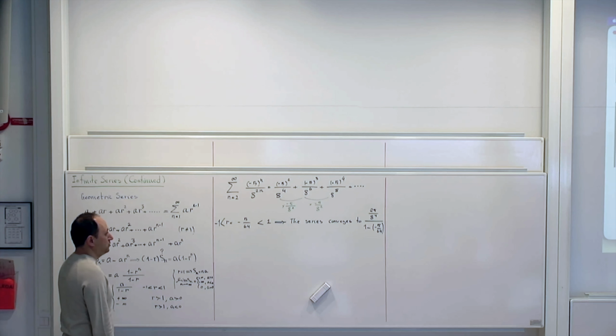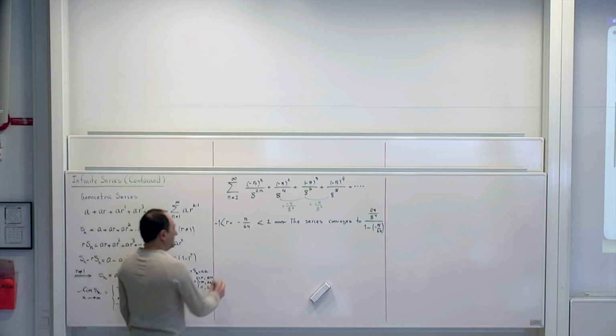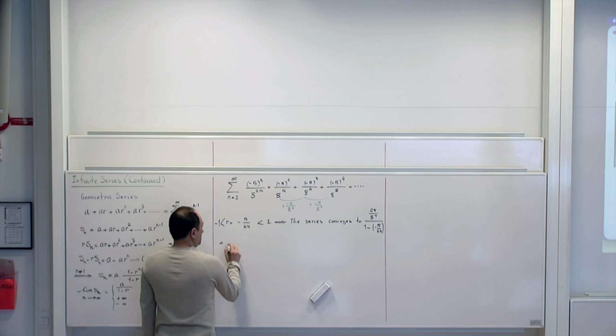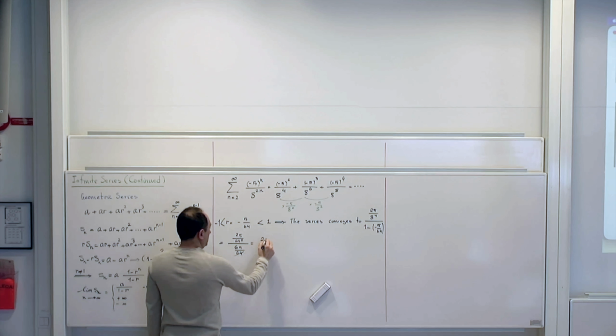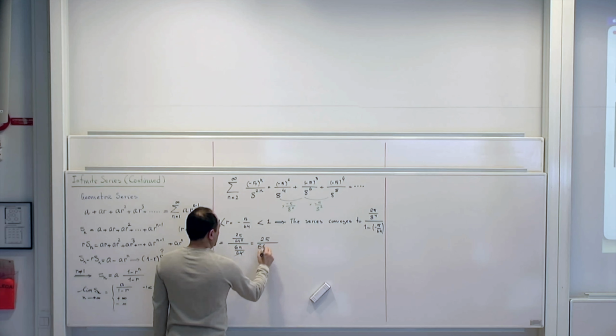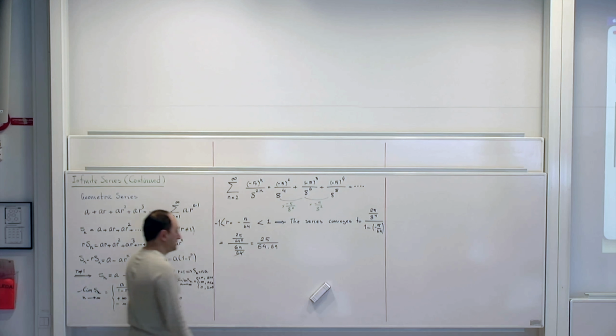There's nothing we can do that much, so if I simplify this, it becomes 69 over 64. This will be 64 to power 2, 25. Nothing that much I can simplify, so it is 25 over 64 times 69. That's it, whatever that number is.